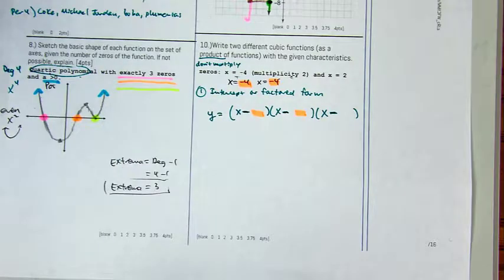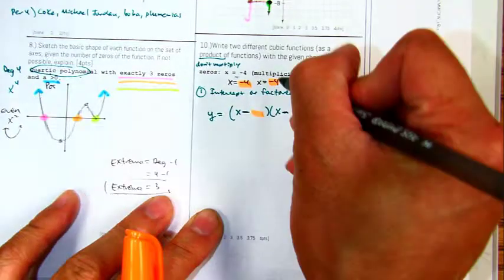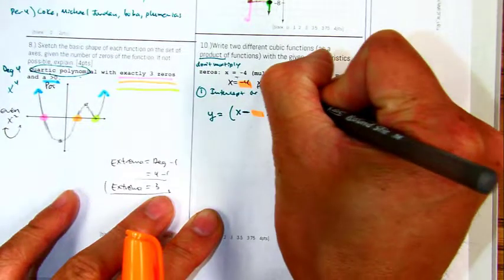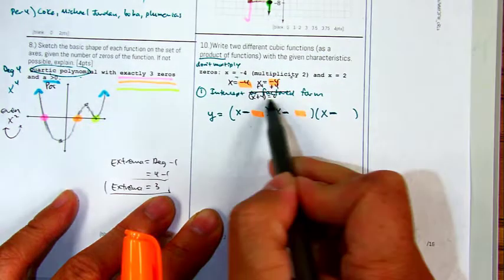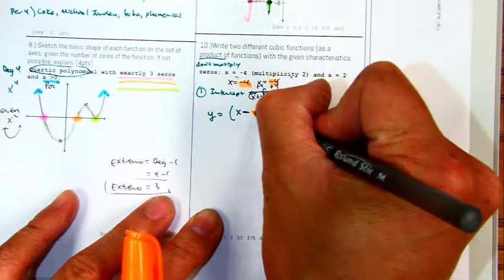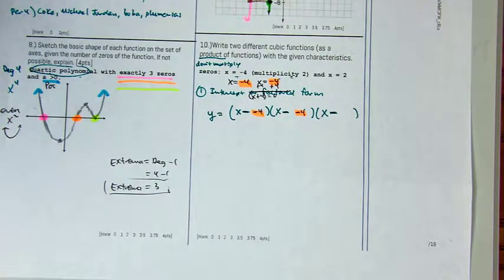Why is that the case? If you set this equal to 0, you can subtract 4, and you get x plus 4 equals 0. So where does this binomial come from? You're setting it equal to 0. So this is negative 4, negative 4, and you're left with a 2.